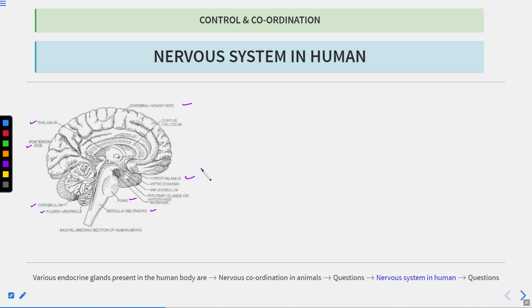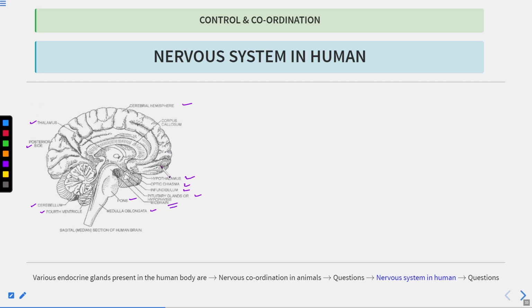Hypothalamus again is present here. Optic chiasmata I have told you in the previous lecture. Infundibulum is a stalk. The pituitary gland is attached through this infundibulum to the hypothalamus. This also we have discussed. So this is the structure of the human brain.